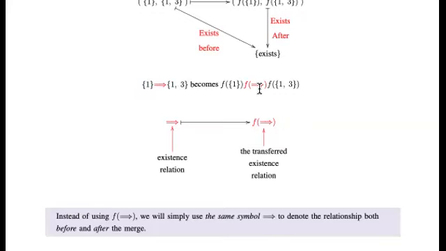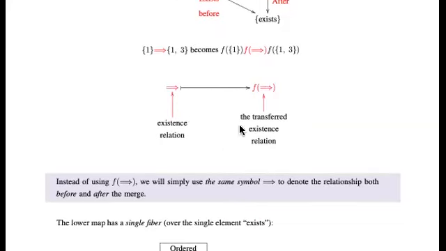It's a new kind of existence, but it comes from the other one. It's the image of it, and it's defined as working as long as there are elements in the pre-images that have such an arrow. So an existence relation goes to a transferred existence relationship in the image of the merge.